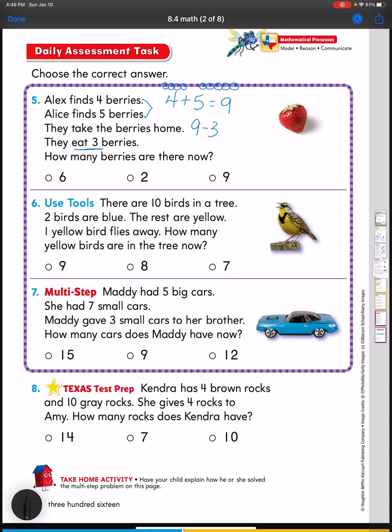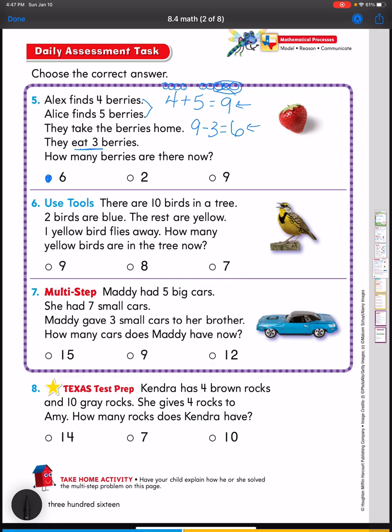That means we're subtracting 3 out. So I had 9 berries here. We're going to subtract 3 out because that's what they ate. What are we left with? 1, 2, 3, 4, 5, 6. They are left with 6 berries. So it took 2 steps to find that answer.